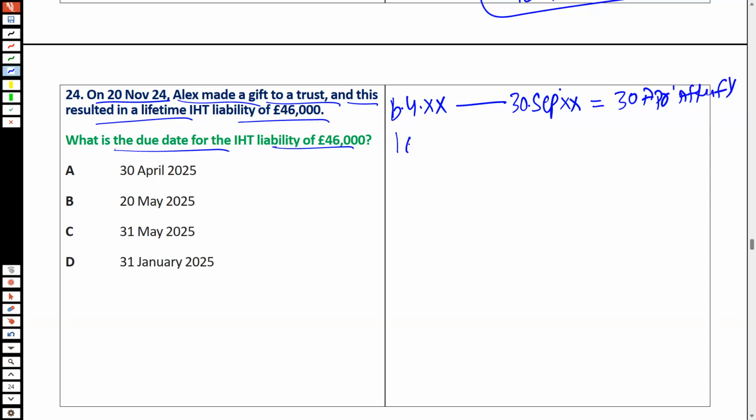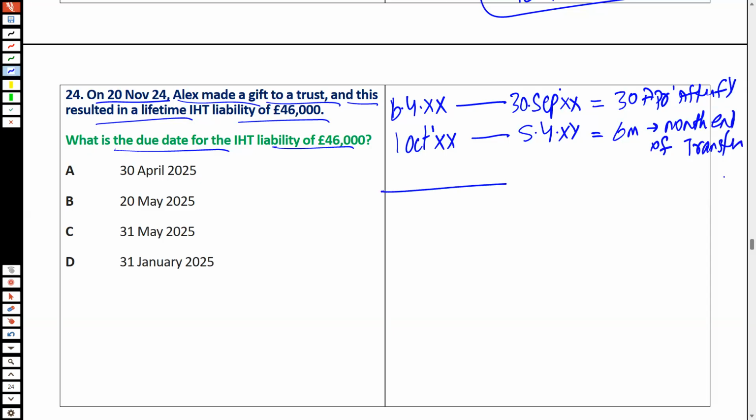And if the CLT is made from 1st October of the year to 5th April next year, then the IHT due date is 6 months from the month end of the transfer. This is the default philosophy, I would say, to calculate the lifetime tax.